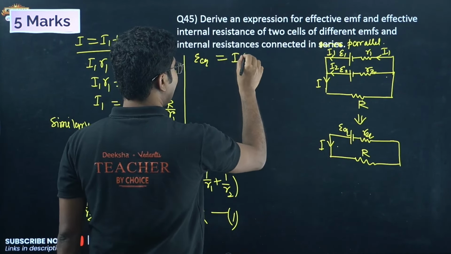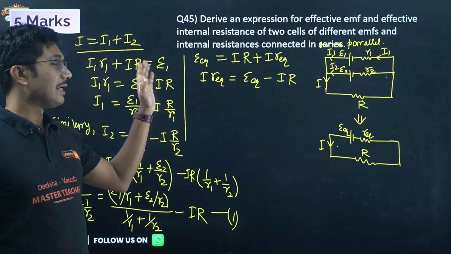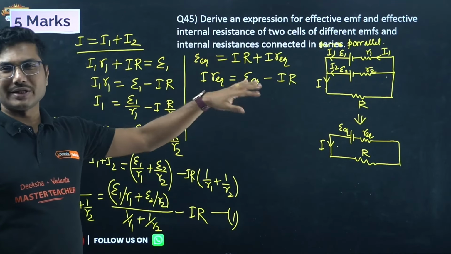I into R equivalent equals epsilon equivalent minus IR. Generally I write the voltages on the left hand side and epsilons on the right hand side, but here I have just switched the sides, that's it.